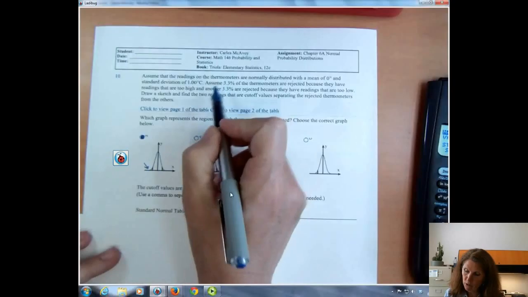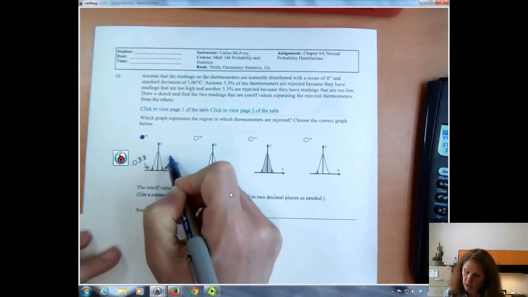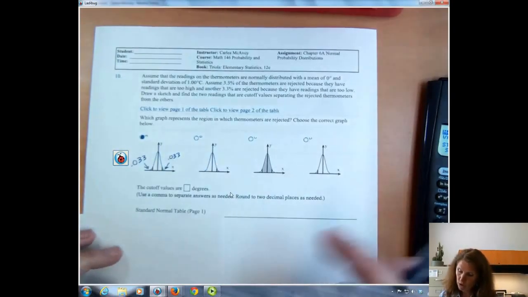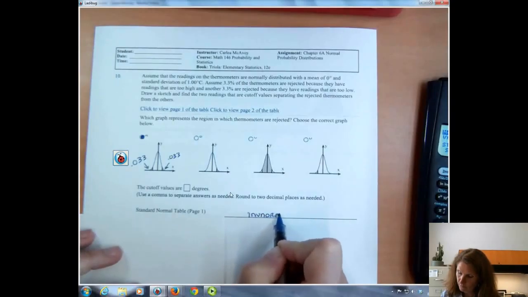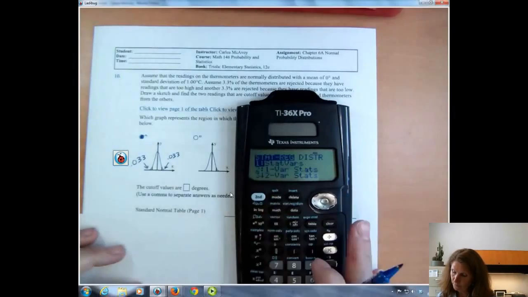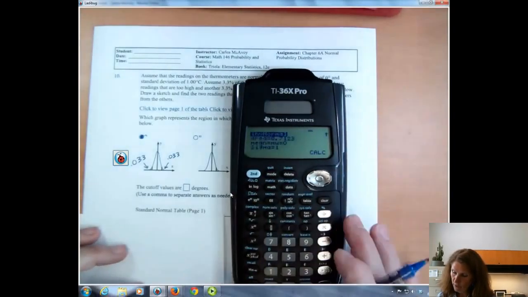And what do I know? I know that that's 0.033. I also know that this area is 0.033. So I can find those two because I'm going to use inverse normal. Right? And if I use inverse normal for one of them, I'm going to clear.